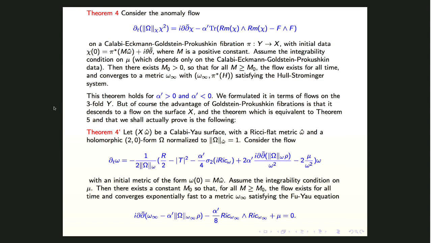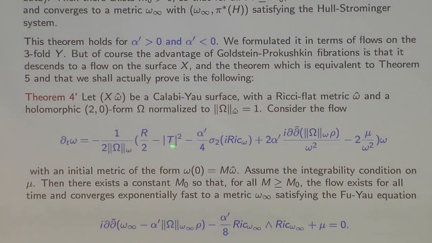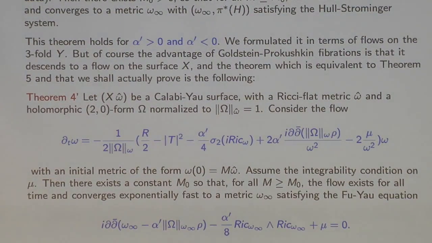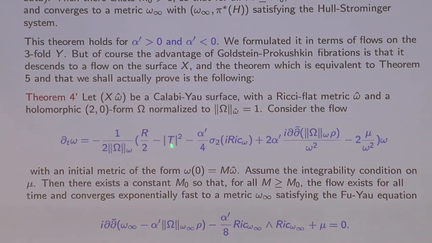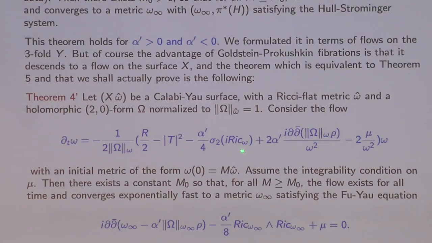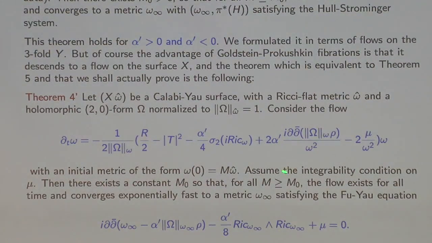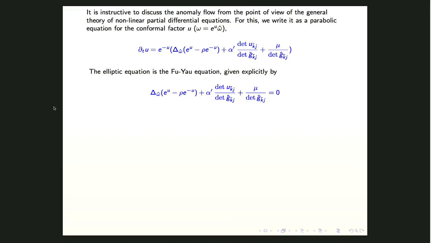So the metric is flowing, and there's this conformal factor, and you can recognize that it is essentially the contractions of the formula for the flow that we found earlier. So the scalar curvature, the square of the torsion, and then these various higher order terms in the second derivatives. And the theorem is then that given this flow, it exists for all time, and it converges to a solution of this.